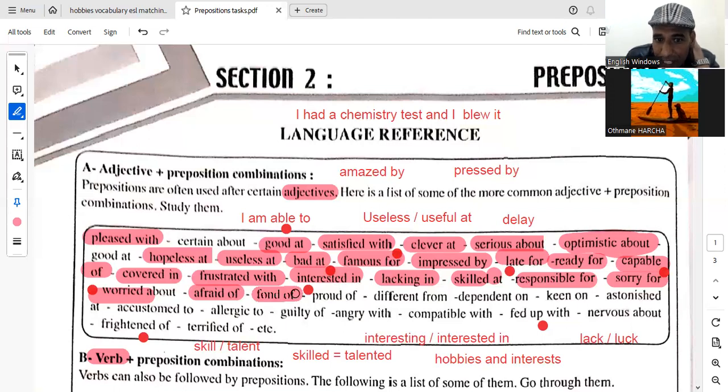Fond of. I don't know. What is it? It means passionate or fond of something, crazy about it, right. This is one degree of likes. We say I like something, or I love, or I am crazy about, or we also say I am fond of, fond of something, right.